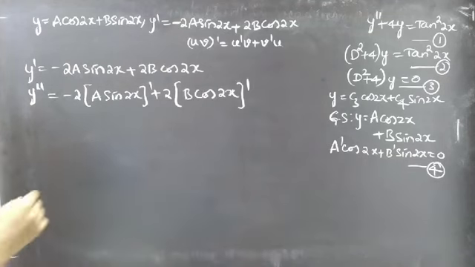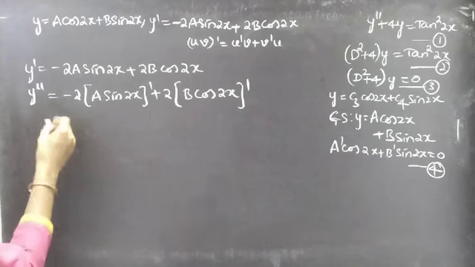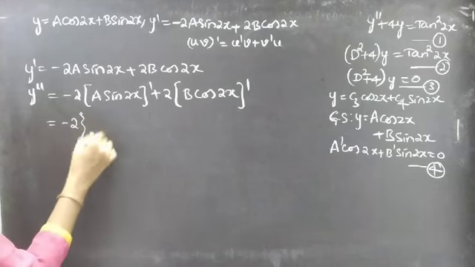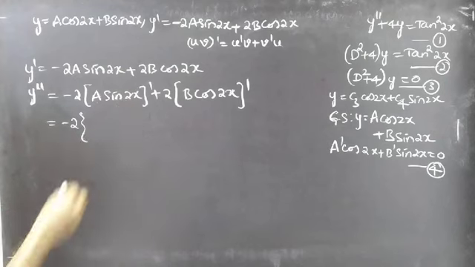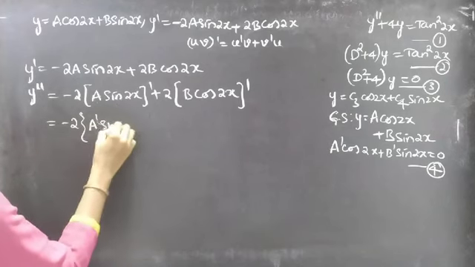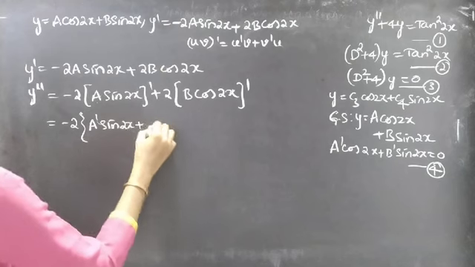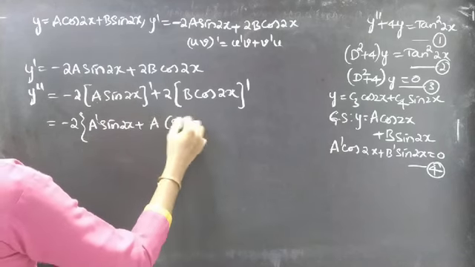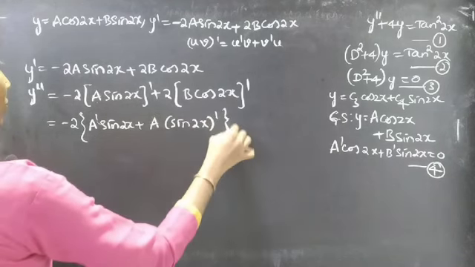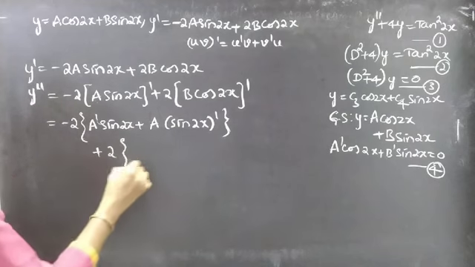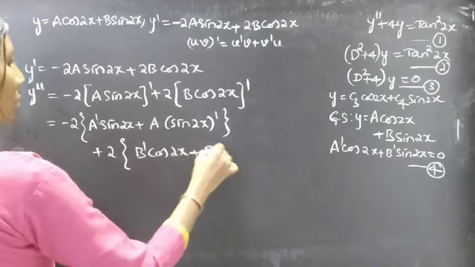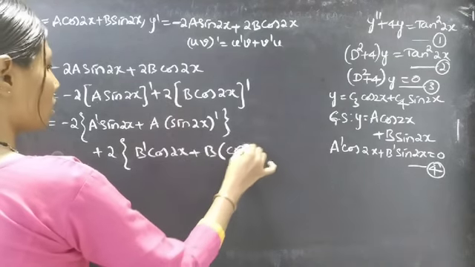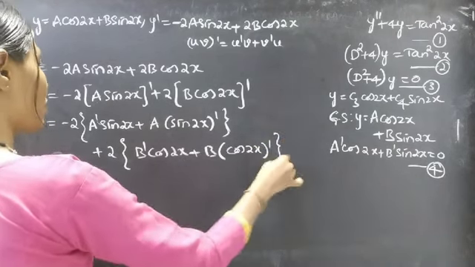Here also we'll use the (uv)' formula. This is equals to minus 2 into, consider a as u and sin 2x as v, we'll get a' sin 2x plus a into (sin 2x)' plus 2 into b' cos 2x plus b into derivative of cos 2x with respect to x.